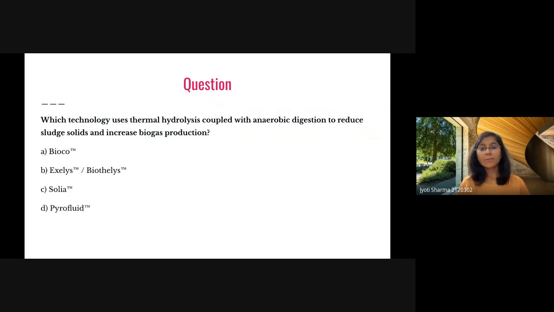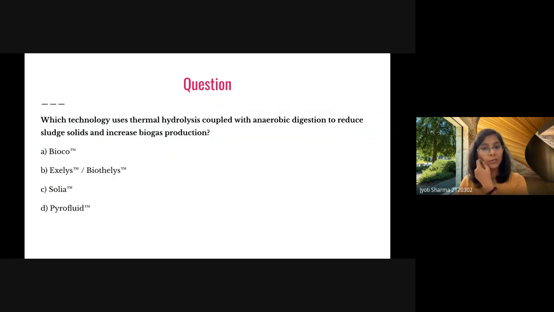Okay, so we have some methods of sludge treatment, or some technology. In that technology, we have multiple methods. That method may be digestion. We can also have dewatering. We also have oxidation within the same technology.